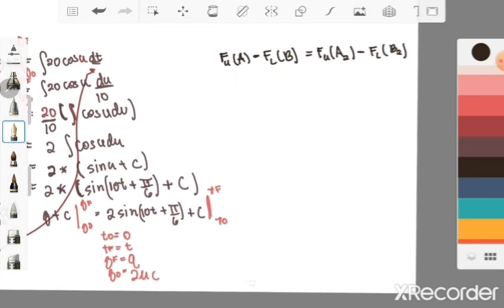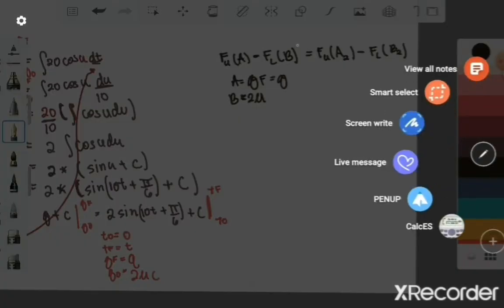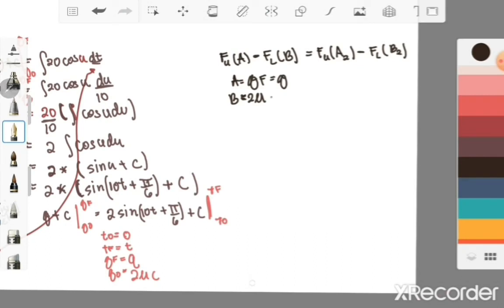But what is your F of upper at A? Take note that your A here is equal to your QF, which is equal to your Q, and your B is equal to 2 microcoulombs. And then your A2 is equal to T, and your B2 is equal to 0.